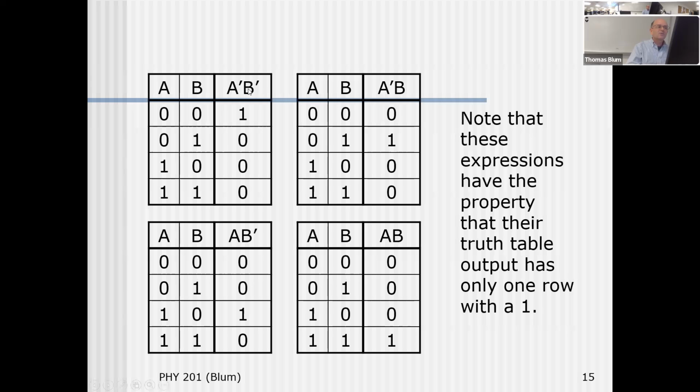So if I NOT both A and B, then these zeros turn into ones and I feed them into an AND gate and I get a 1. So the truth table for A prime B prime has a 1 in the first row and 0 every place else. The truth table for A prime B has a 1 in the second row and 0 every place else. A B prime has a 1 in the third row and A B in the last row.